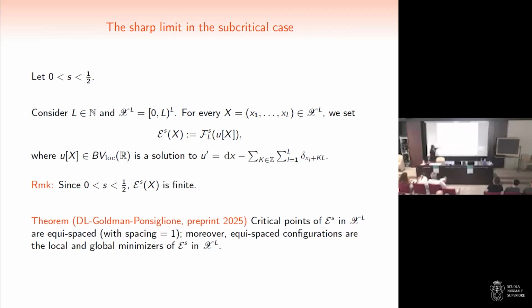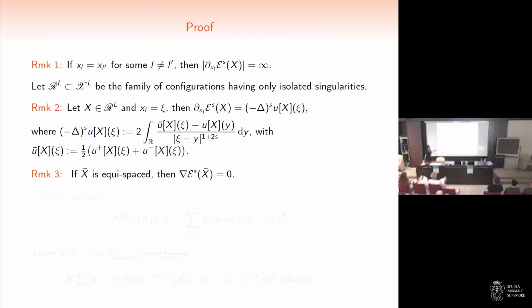I will show the proof of this fact because I think it's very nice and very easy, I must say. First thing, it's not convenient to have multiple singularities, because if I have a multiple singularity, then separating them, I decrease the energy.